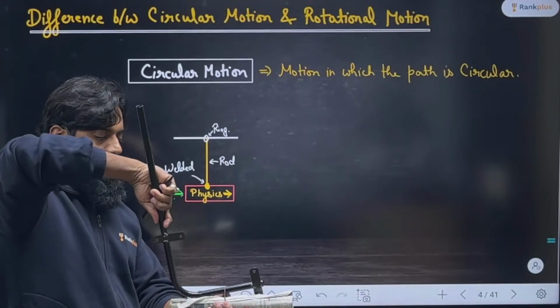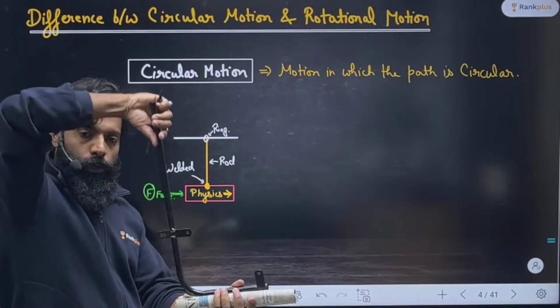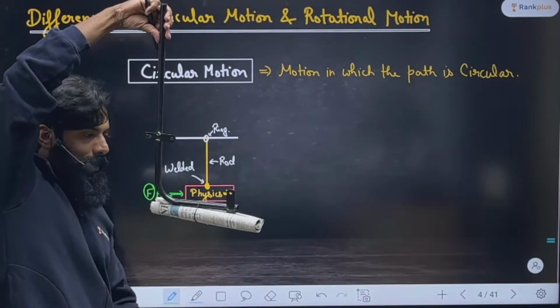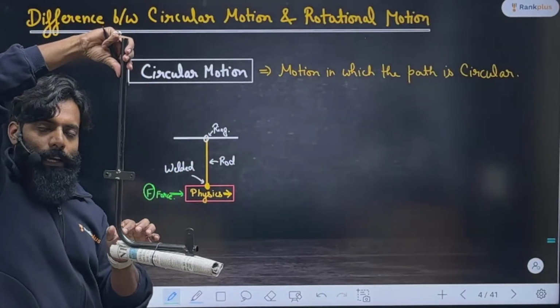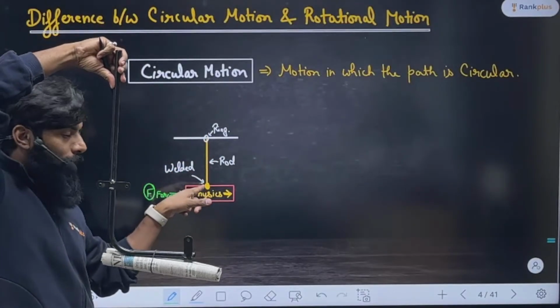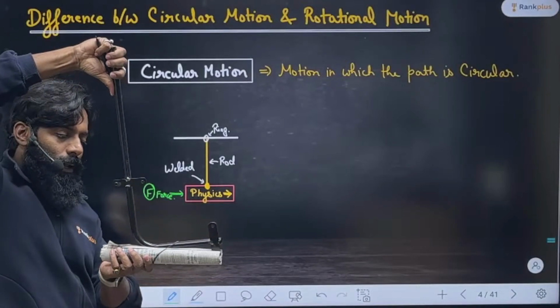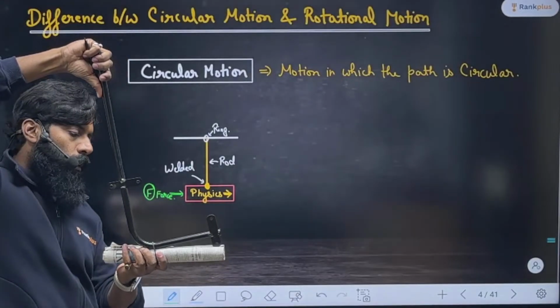Now I think it's visible. So I have this kind of object. This is a particular rod, and at this point it's welded. You can consider that I have welded this.